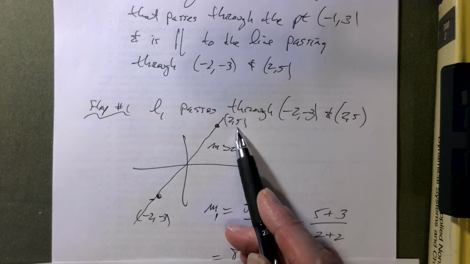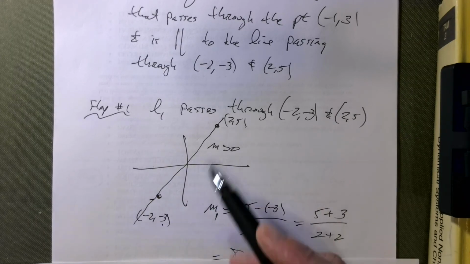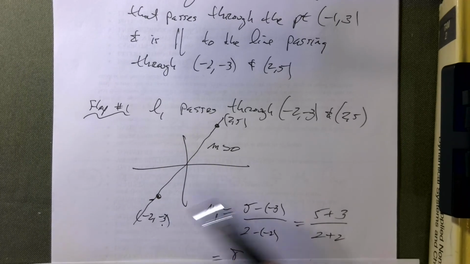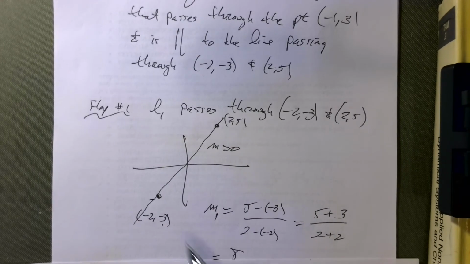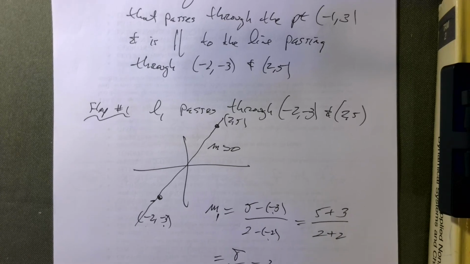So I'm going to take y2 minus y1 over x2 minus x1. So 5 minus minus 3 over 2 minus minus 2. Minus minus is plus, so 5 plus 3 over 2 plus 2. So this is 8 over 4, which is also known as 2.